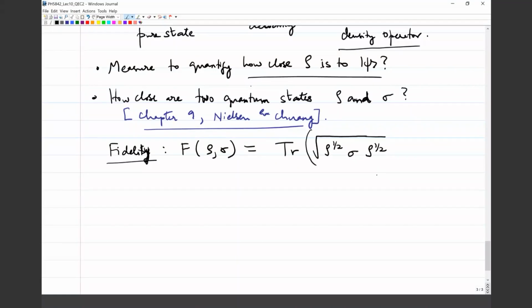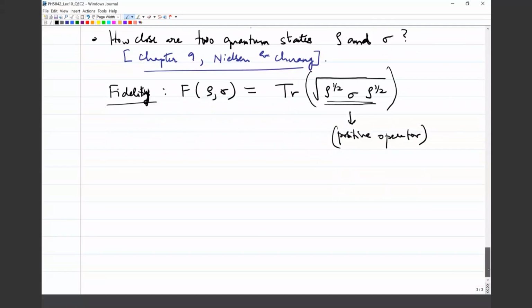You have these two operators, rho and sigma, and you're making this operator out of them, rho to the half sigma rho to the half. Whatever is inside here is a positive operator, I hope you see that already, because sigma is a positive operator and the half always denotes the positive square root of the operator. Then you take the square root of that and you take the trace.